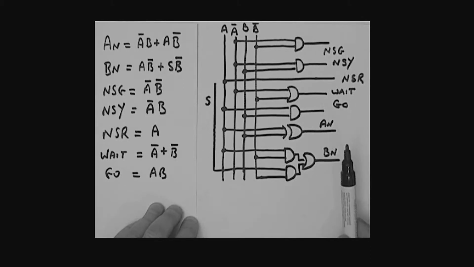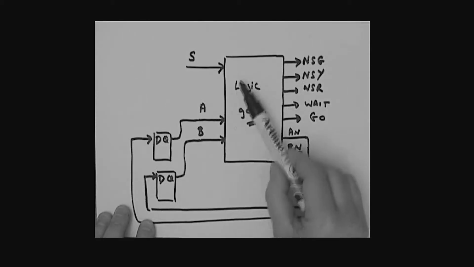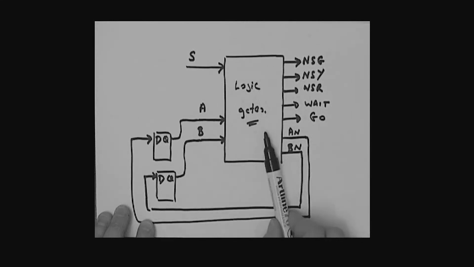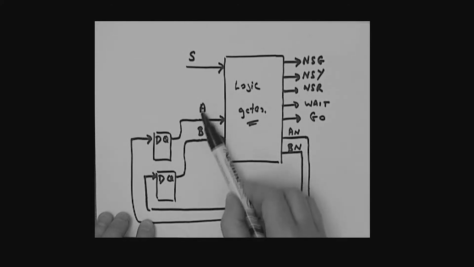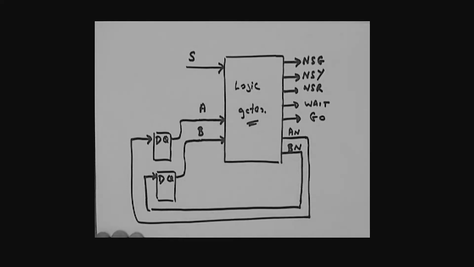All right, so now effectively I'm really building, am I not, the logic for the state table, which basically is the logic in this block over here. What I now need to do is connect in the two flip-flops which provide the A and B values, and then we'll think a little bit about this switch over here.